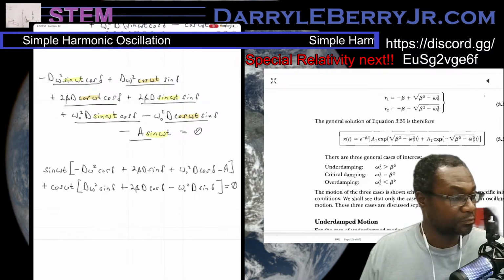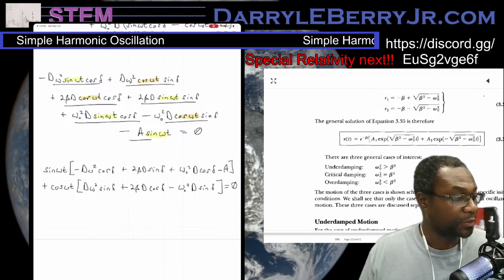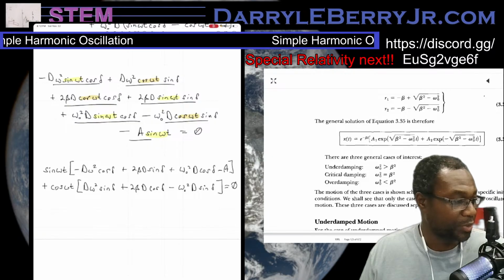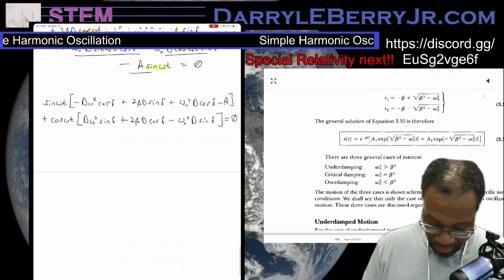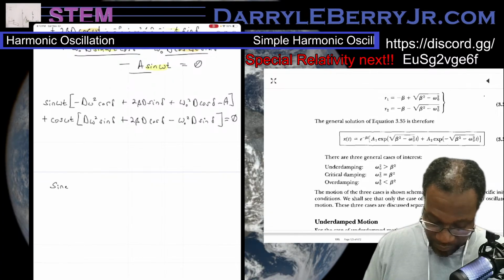So what I'll do now, I can pretty easily get this worked out by working with the sine coefficient and the cosine coefficient separately. So we'll start with the sine coefficient.